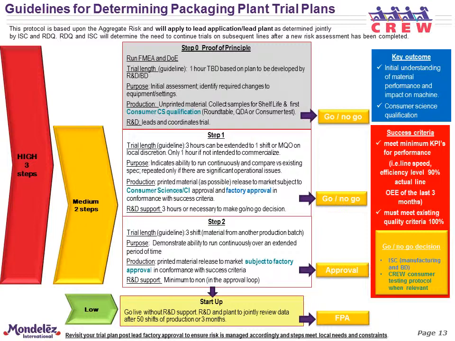This proof of principle trial is followed by steps 1 and 2, similar to the medium risk profile. Remember, this trial plan is for the lead factory. Once the lead factory has been successfully qualified, you can revisit your trial plan with a lower risk profile.